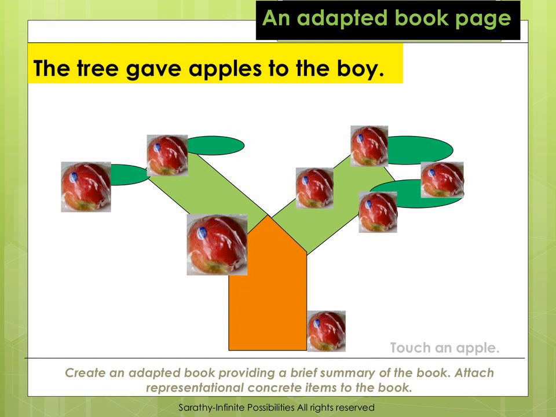Oh, this is an apple, and the apple grows in the tree, and I went outside and saw that tree. So these are trees, and trees give apples. And now next you can say the tree gave apples to the boy, and then they can make the connection, and that would be your next page in that adapted book page.